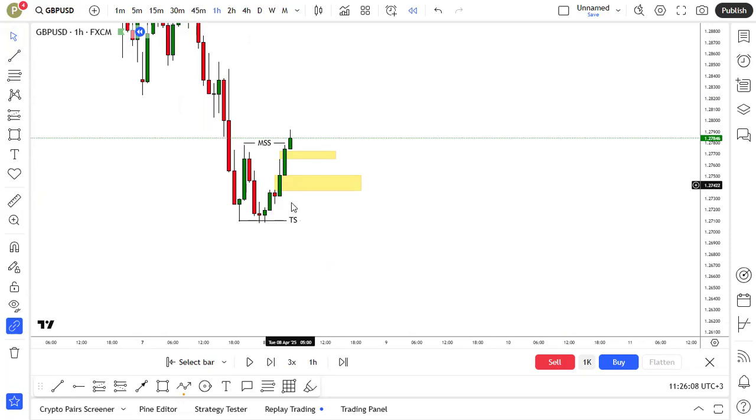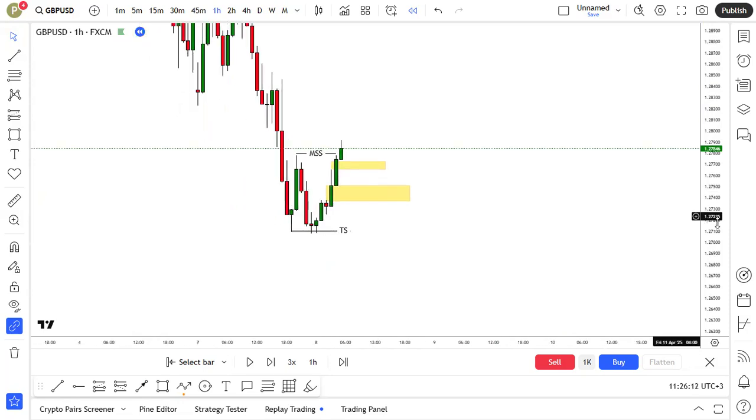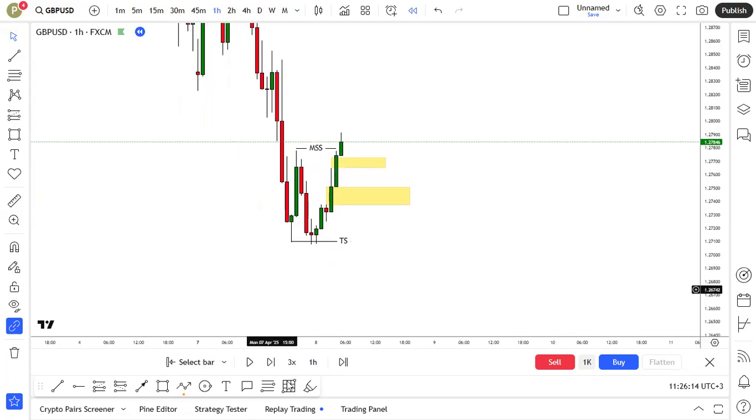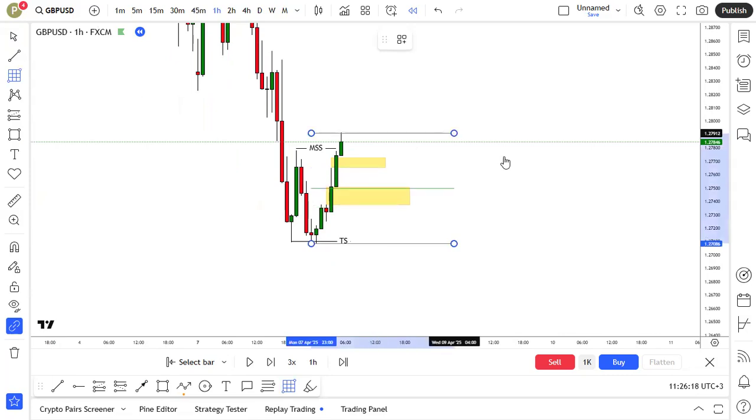Why? Because when we are looking for buys, we need to focus on the discount level. So if we mark like that, from the green line here, this is where the equilibrium line is, and down here, discount starts from here to here.